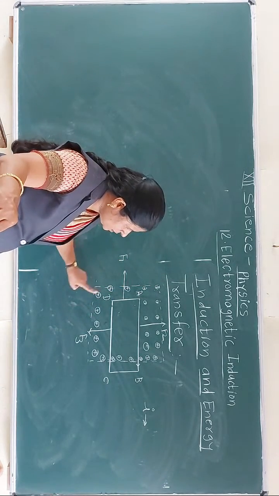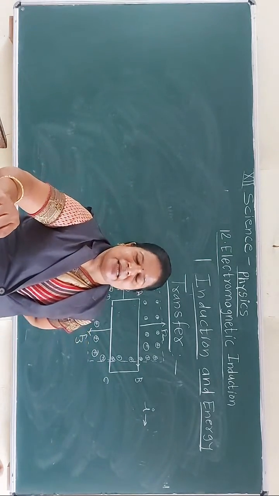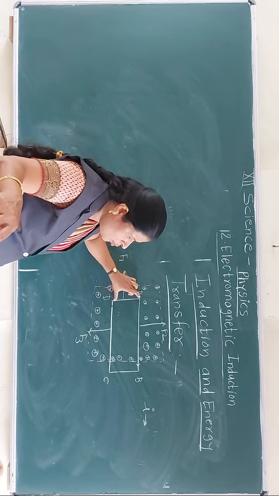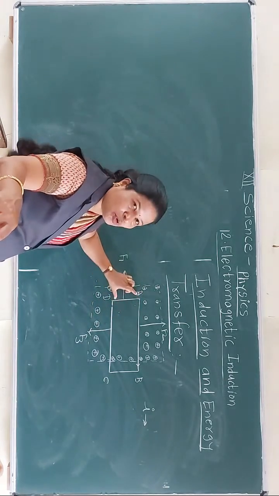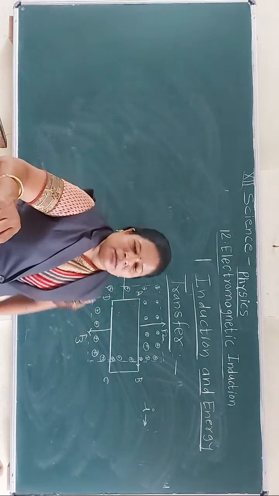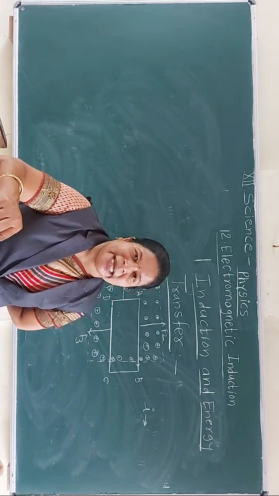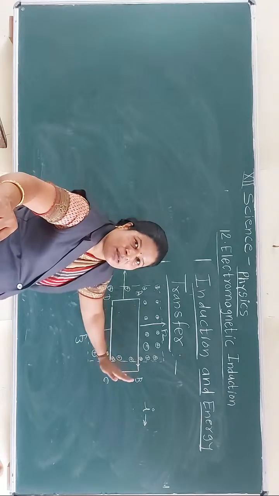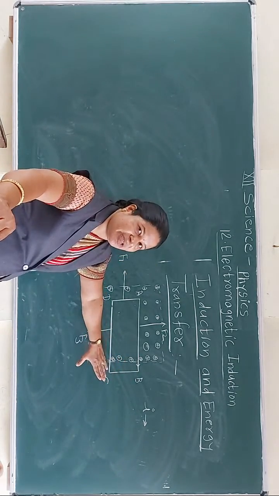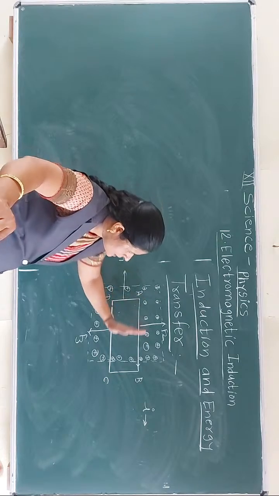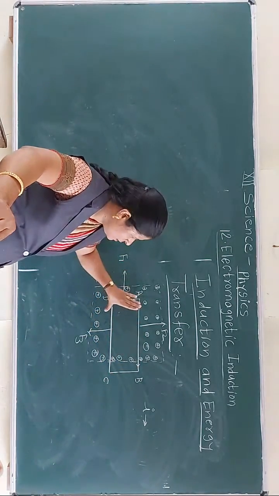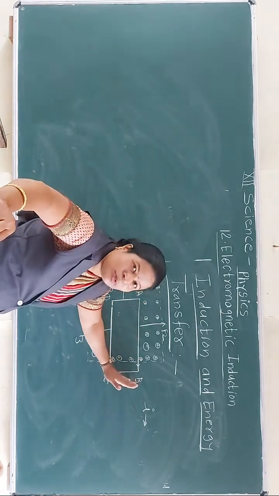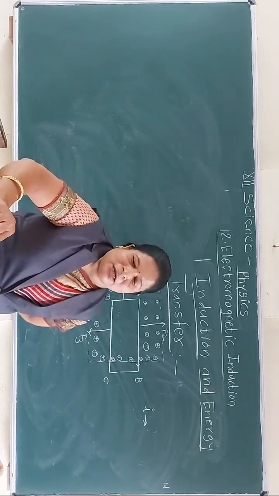If we pull this loop A, B, C, D towards the right side with a constant velocity, then some part of the loop comes outside of this magnetic field.